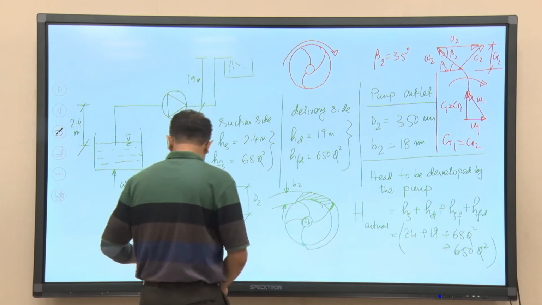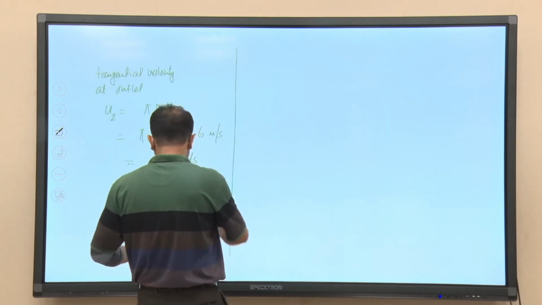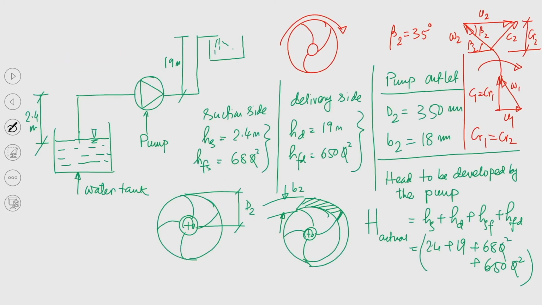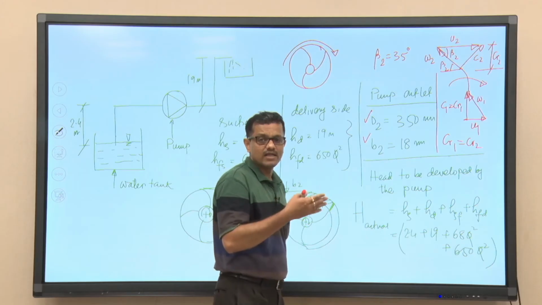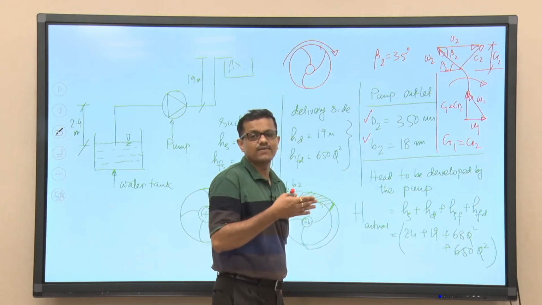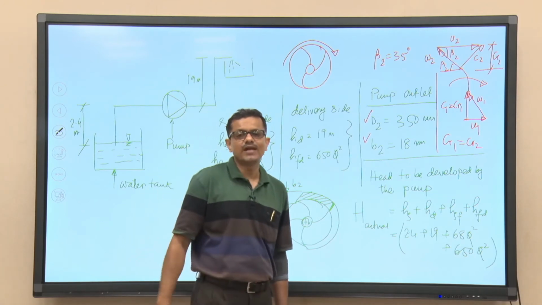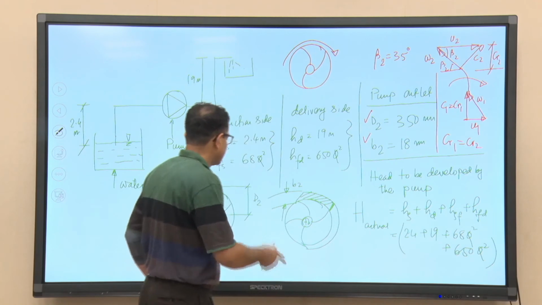Okay. So, now if we go to the next slide, we can calculate, see it is given that d2 and b2 are given. So, we can easily calculate the flow area at the outlet, that is nothing but pi d2 into b2. But mind it, pi d2 into b2 is the overall flow area, and that flow area is not all available for the flow because 5% of that area is occupied by the blades of the pump.